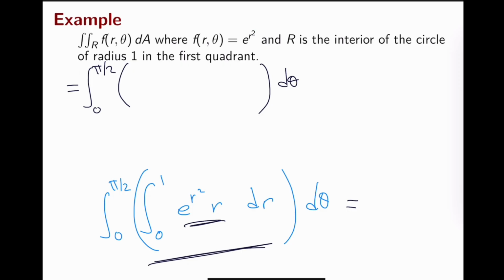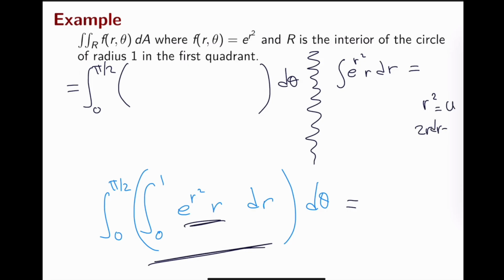Well, in order to calculate the primitive, we're going to calculate it separately. Remember, when there are extremes involved, we need to calculate the primitive separately. The primitive of e to the r squared r dr is going to be, by doing the change of variable r squared equals u, 2r dr equals du, and so dr equals du over 2r.